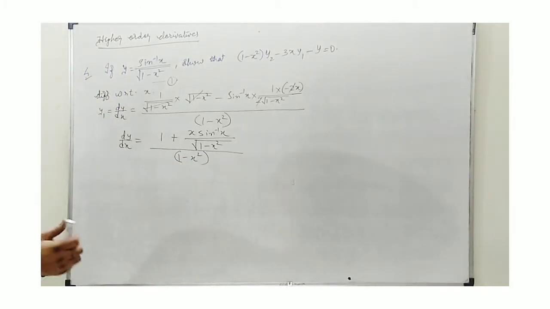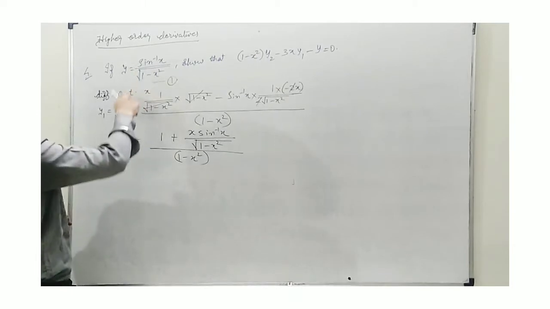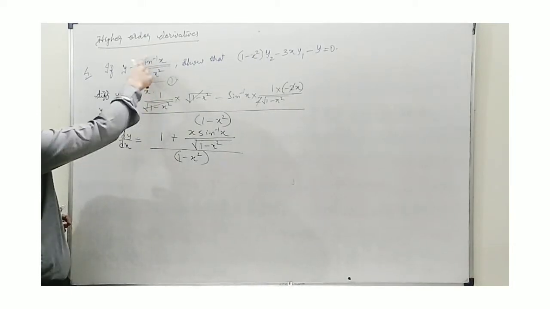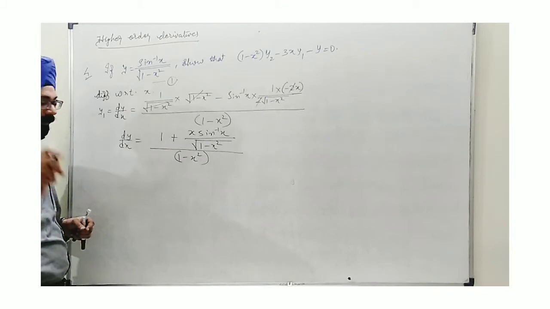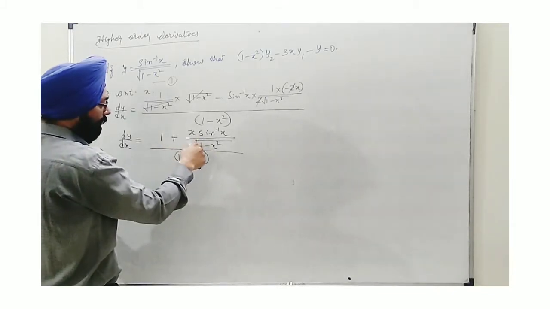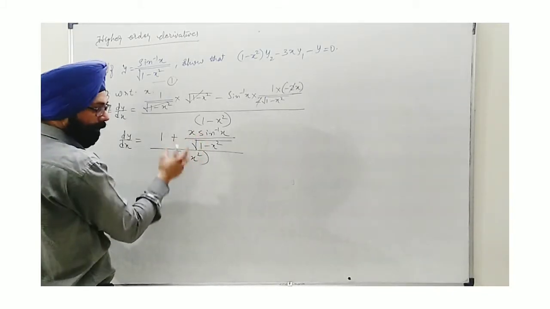Now we should utilize the given function as it is, sin inverse x upon root 1 minus x square. Otherwise, if I am doing directly, I find that this has become more complicated.